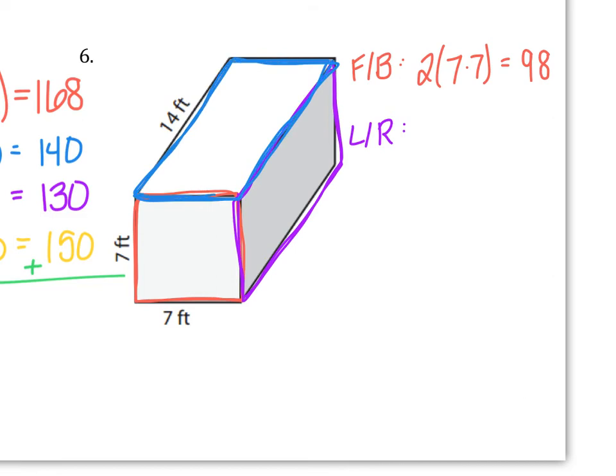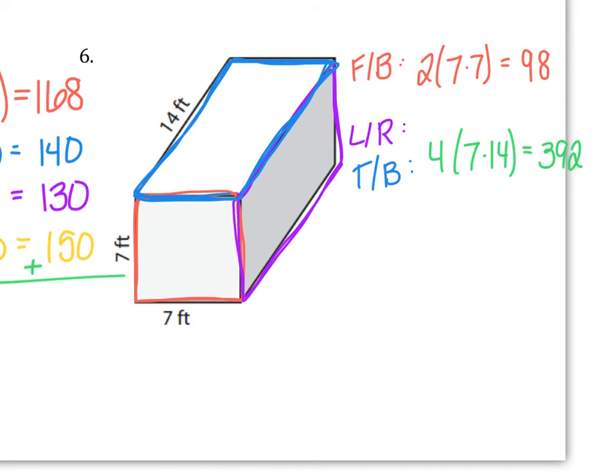So if I count the top and bottom as well, I actually have 4 rectangles that are 7 by 14. I have 4 of them. The left and the right and the top and bottom rectangles are all the same. So 7 times 14 times 4 is going to give us an area of 392.